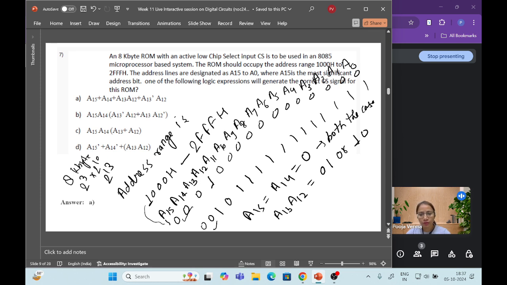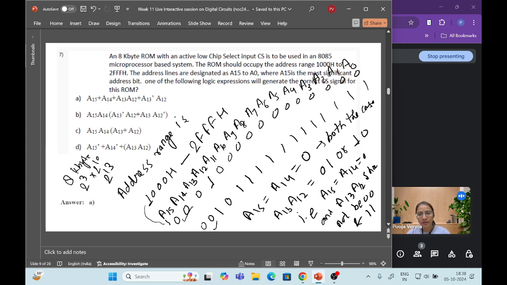In the case of 1000 it is 0, 1, and in the other case it is 1, 0. So A15 and A14 are 0, and A13 and A12 should not be 0, 0 or 1, 1, right?